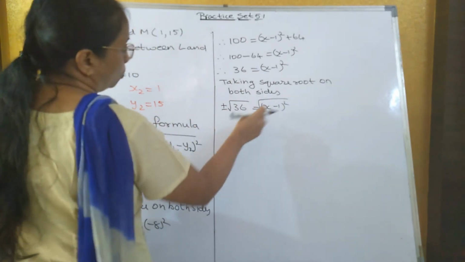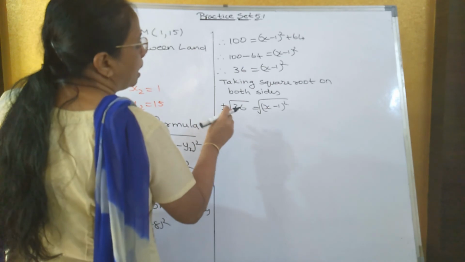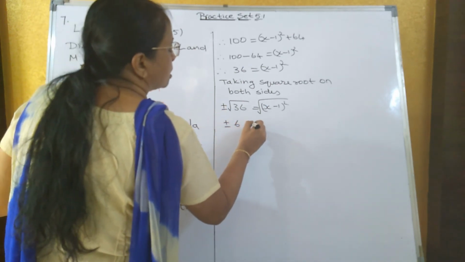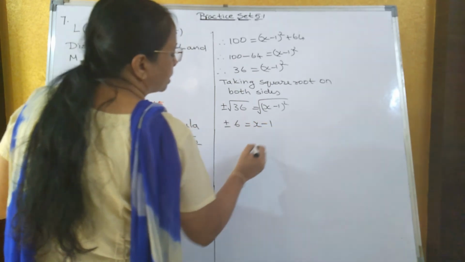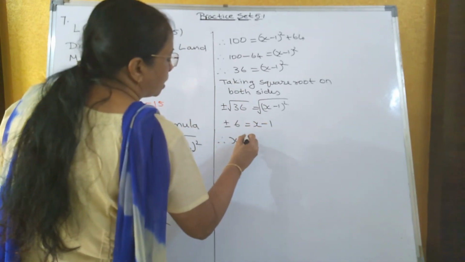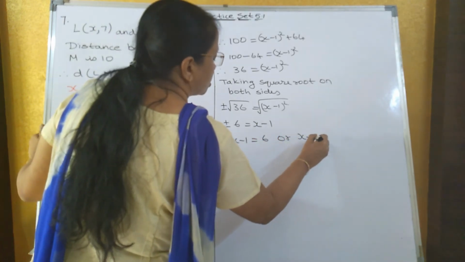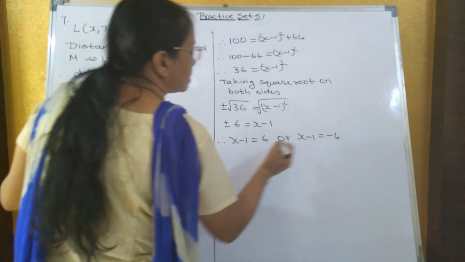When you take the root, the square signs will go away. And what is the square root of 36? It is plus minus 6 is equal to x minus 1. Therefore, x minus 1 is equal to plus 6, or x minus 1 is equal to minus 6.